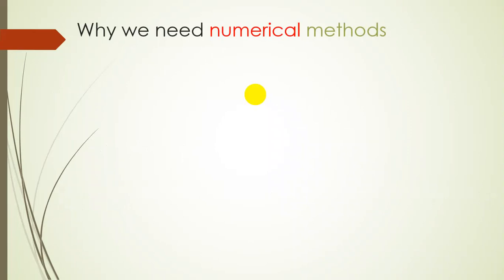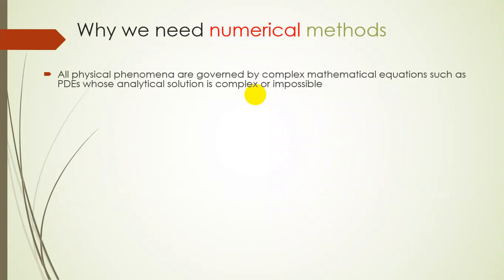The first question we should ask is: why do we need numerical methods? Why are numerical methods so important for physicists or engineers in general? All physical phenomena are governed by complex mathematical equations, such as partial differential equations, whose analytic solution is complex or impossible.